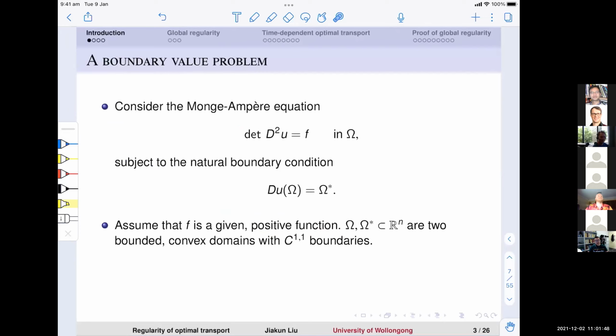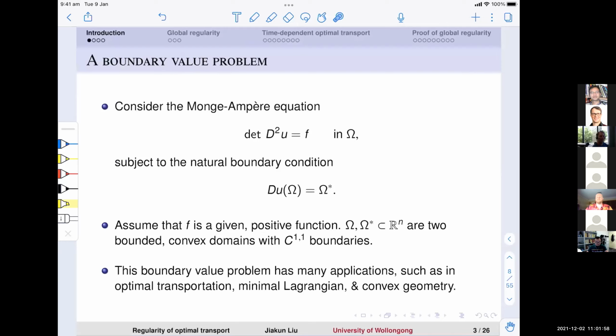The domain Omega star, we assume, is bounded and convex with C^{1,1} boundary. This boundary problem actually has many interesting applications, especially in optimal transport, minimal Lagrangian surfaces, and convex geometry as well.